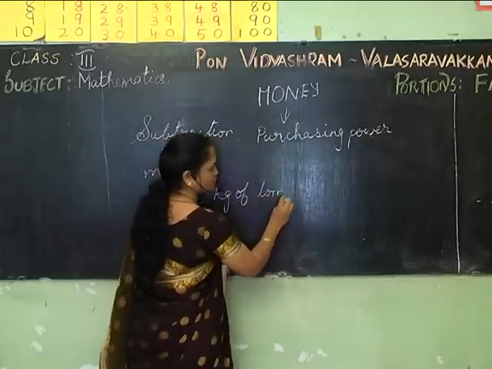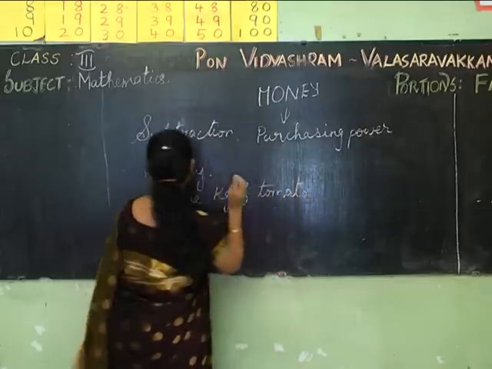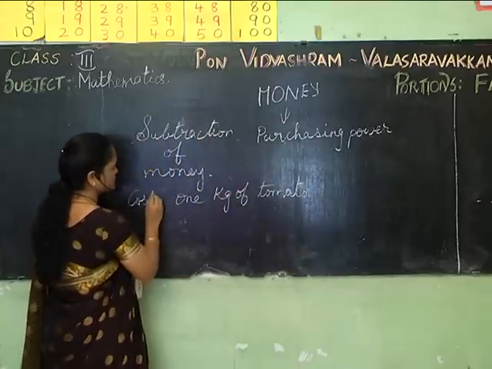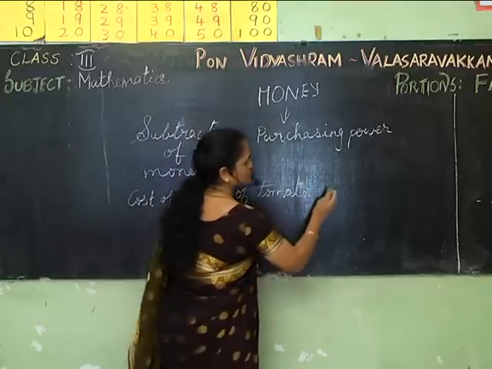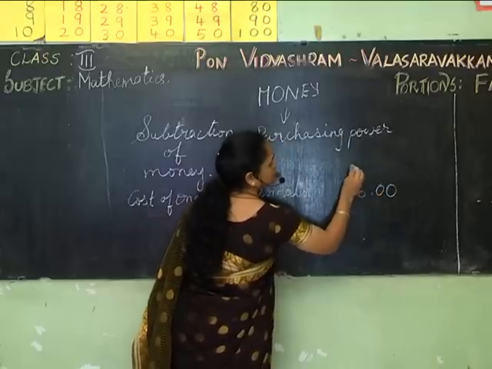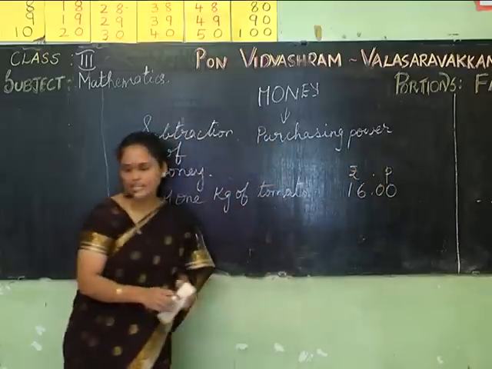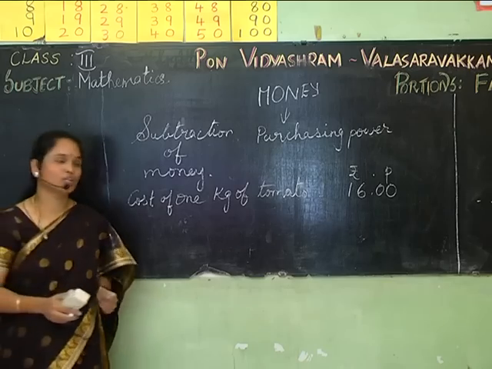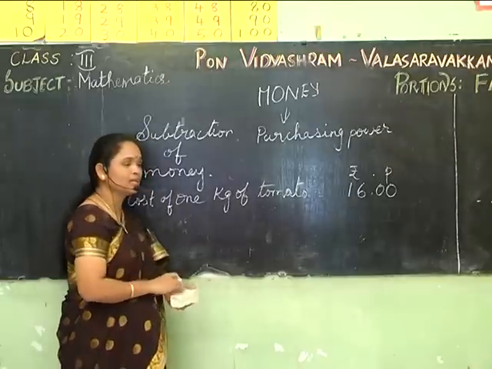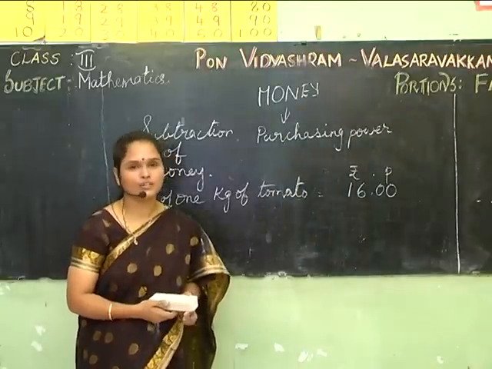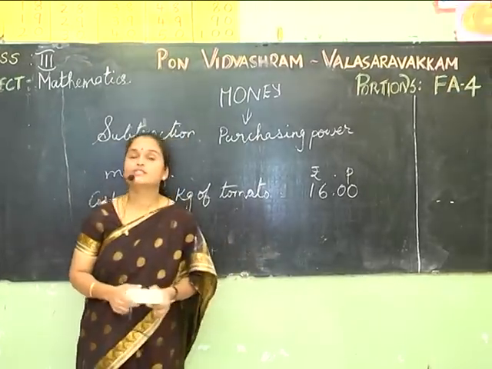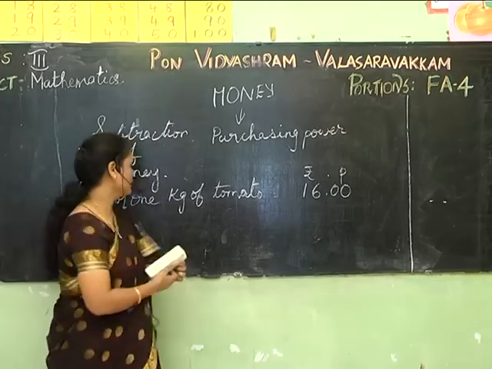So the cost of 1 kilo tomato is 16 rupees. Okay. Now your mother will pay 20 rupees to the shopkeeper.